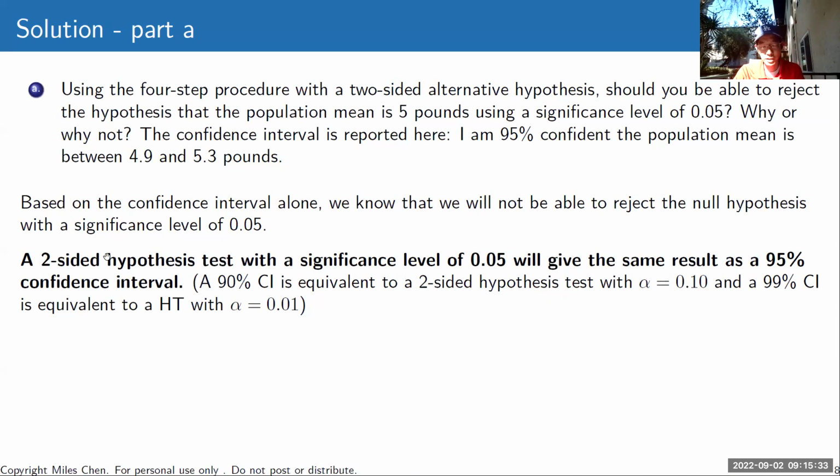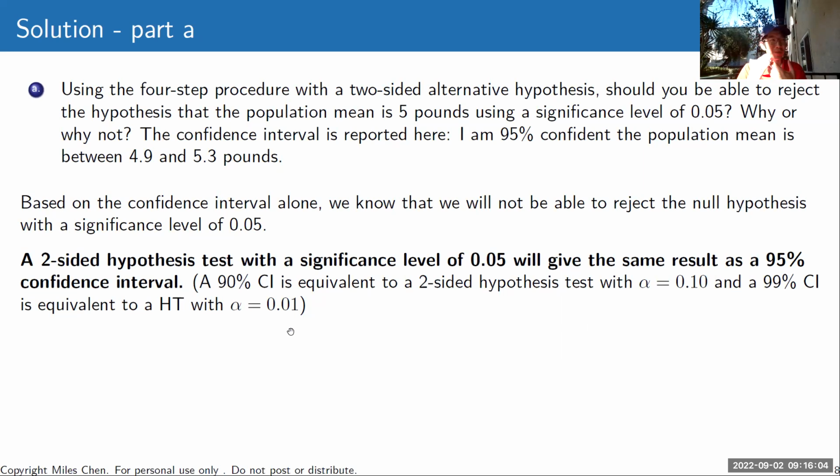The key idea here is that a two-sided hypothesis test, if you're using alpha of 5%, will give the same result as a 95% confidence interval, as far as the conclusion goes. A 90% confidence interval will give you the same result as running alpha equal to 10%. A 99% confidence interval will give you the same kind of conclusion as a hypothesis test with alpha 1%.